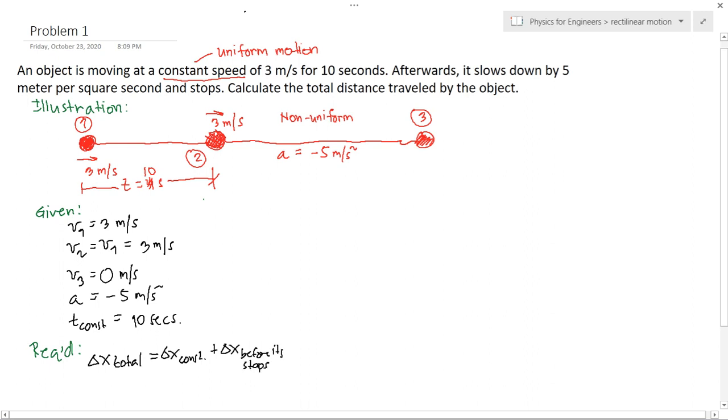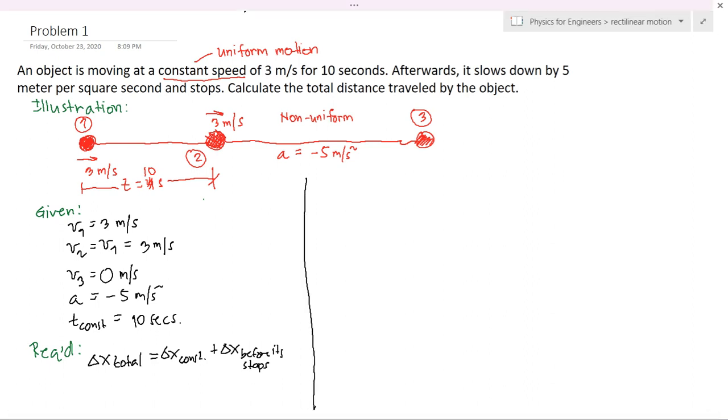So yan yung displacement niya, yung nag-decelerate na siya. So for the displacement, ito na yung magiging solution natin. So we have our solution.